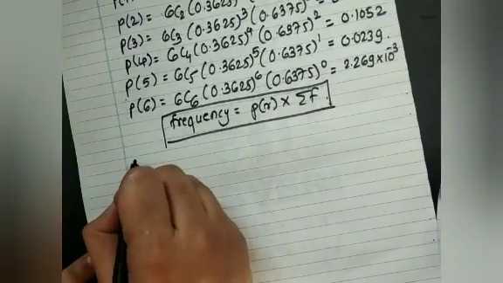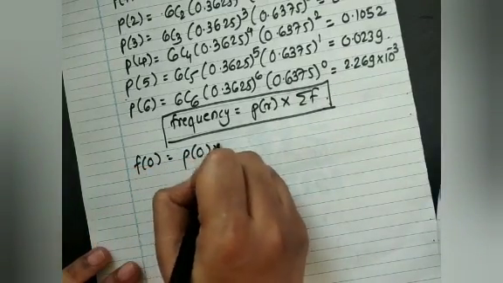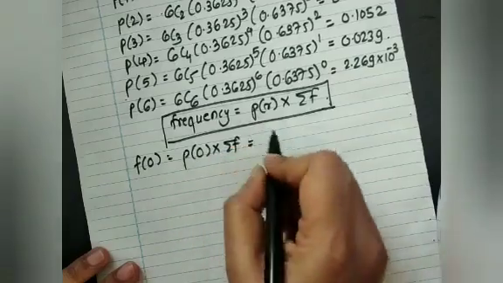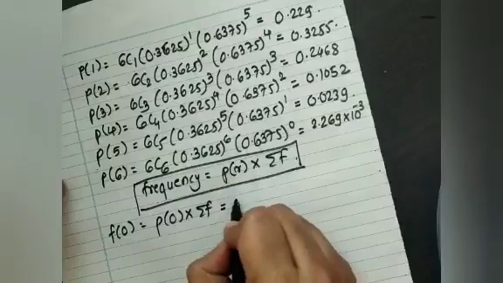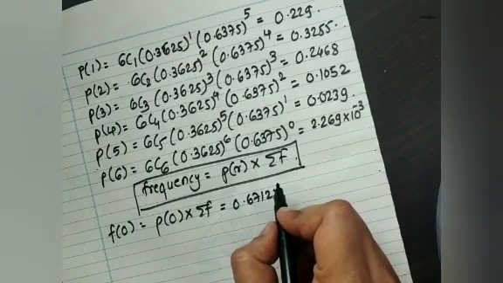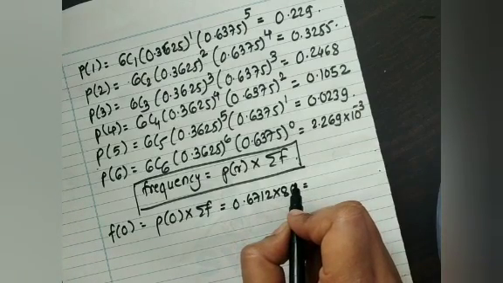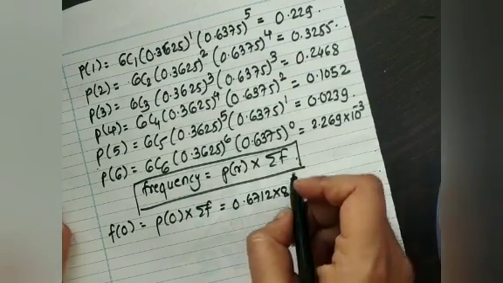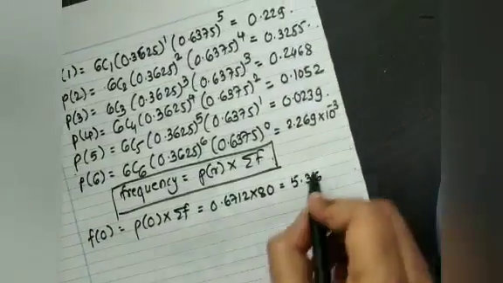So we'll first find frequency at 0. It is probability at 0 into summation f. So probability at 0 is 0.6712 into summation f is 80, and this answer is 5.36.